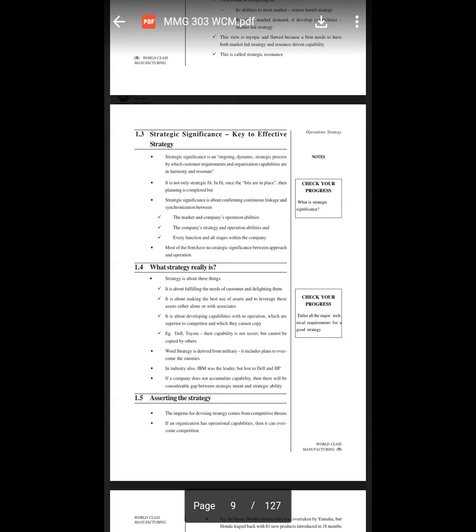Now see, there are a few examples which they have given about strategy. Dell, Toyota: the capability is not secret but cannot be copied by others. Dell is a renowned company in providing computers and laptops. Toyota is also a renowned company in four-wheeler vehicles, right?